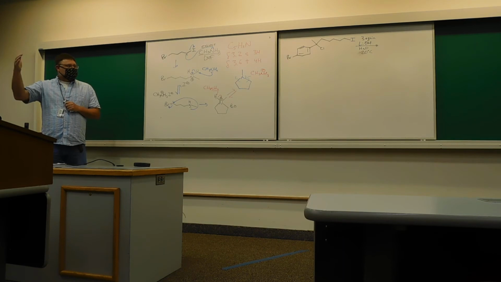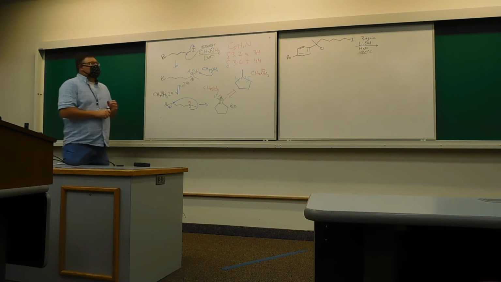Right. You got a strong base and good nucleophile, temperature is low. So SN2 or E2 because of the strong base, good nucleophile, low temperature, probably going to be more SN2 than E2.